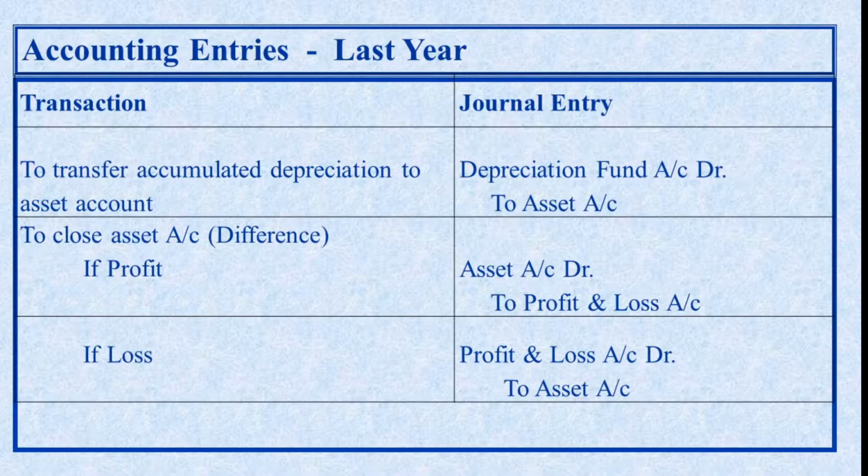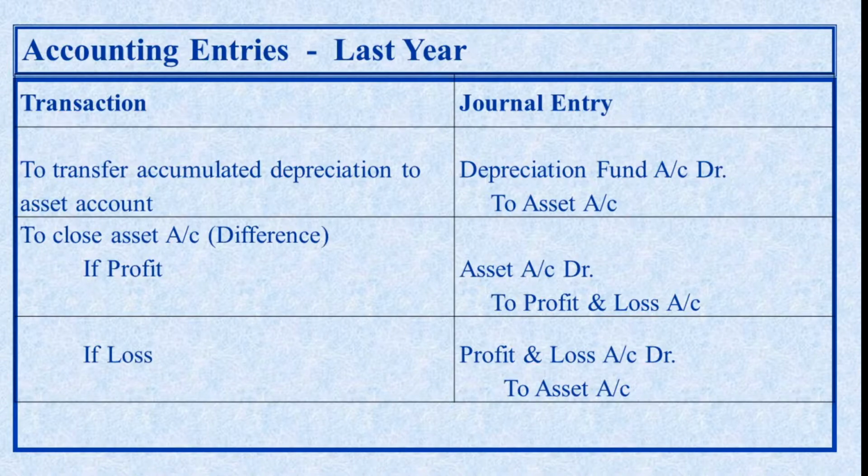That is, if an asset account is showing profit, asset account is debited and profit and loss account is credited with the amount of profit made on sale of an asset. If asset account shows loss, the entry is profit and loss account debit to asset account. That is, profit and loss account is debited with the amount of loss.